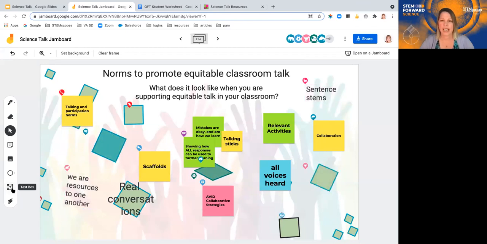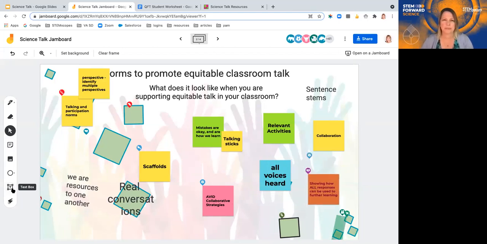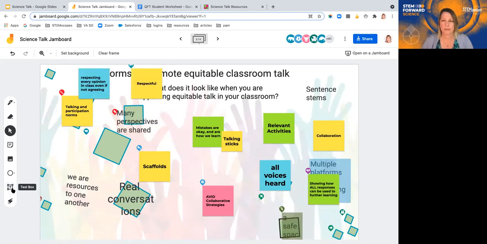Sentence stems, AVID collaborative strategies, talking sticks, perspective, identifying multiple perspectives, respectful.